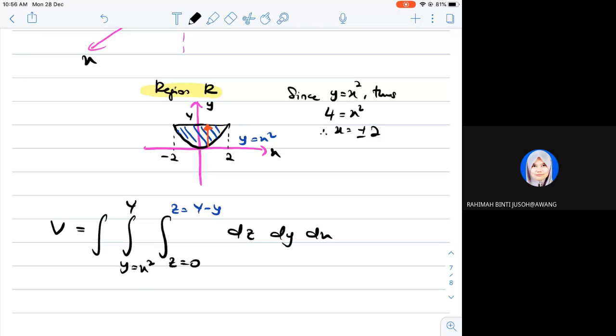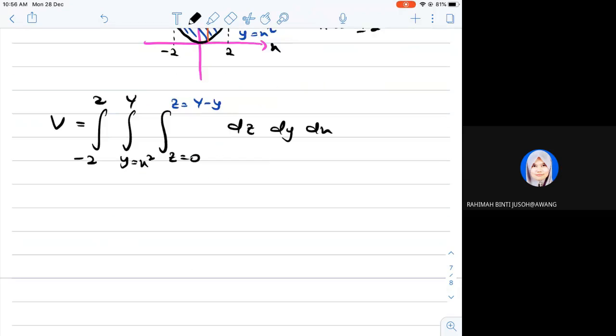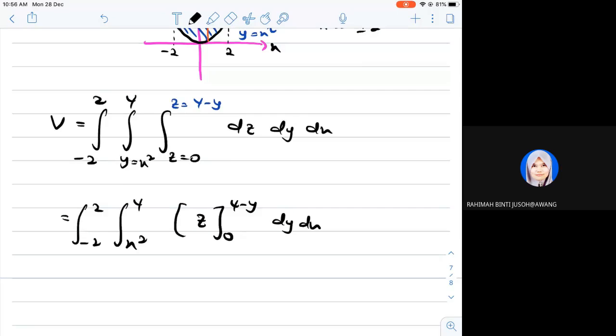And then the limit of x, of course, obviously we know the points from negative 2 until 2. So let us proceed. Negative 2 until 2, x squared until 4. So integrate 1 with respect to z, of course we will get z. So 0 to 4 minus y, dy, dx.